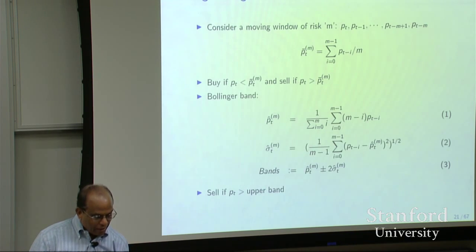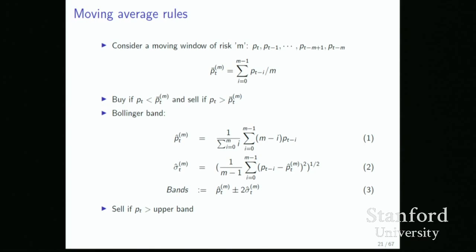The next set of rules that are quite popular are the moving average rules. If you look at the moving average application in time series, the origins are mostly in macroeconomic modeling, where the data generally tend to move very slowly.